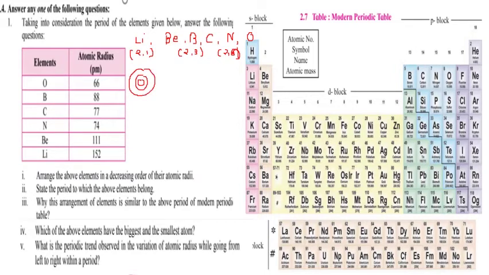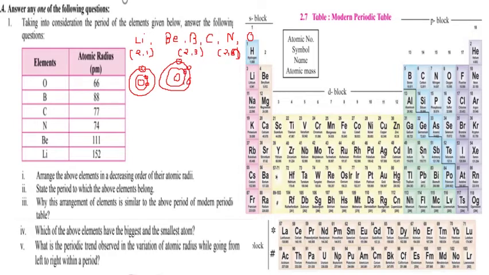In the outermost orbit of lithium, there is 1 electron. In the first orbit, there are 2 electrons. Now, in boron, in the outermost orbit, there are 3 electrons.